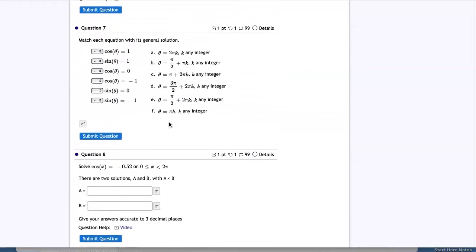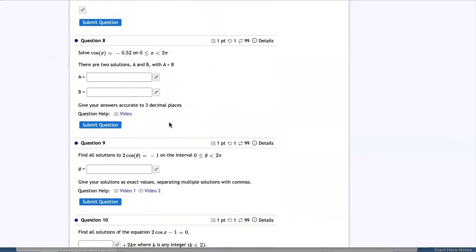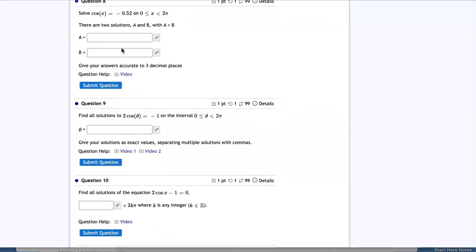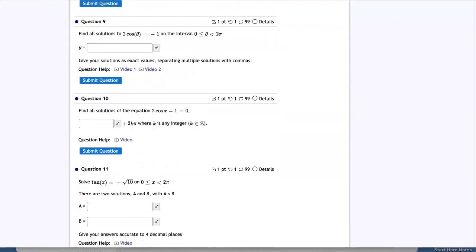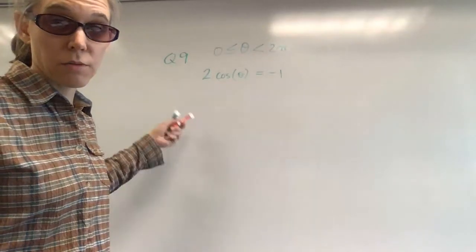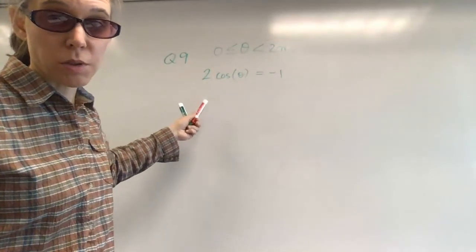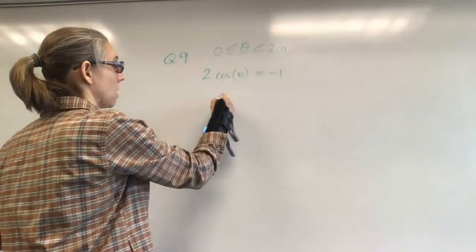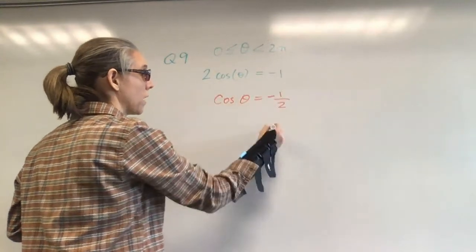Okay, so let's go ahead and move down. I've done something like this already, so I think it would be better to go down, let's do question number 9. So here for question number 9, we're bounded between 0 and 2 pi. So first what you want to do for your equation is get the trig function by itself. So now we have the cosine of theta is equal to negative 1/2.